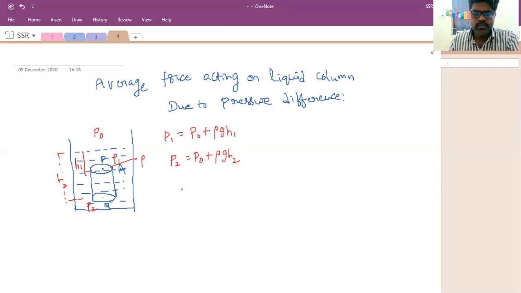Then P average is equal to (P1 plus P2) by 2, the average pressure.